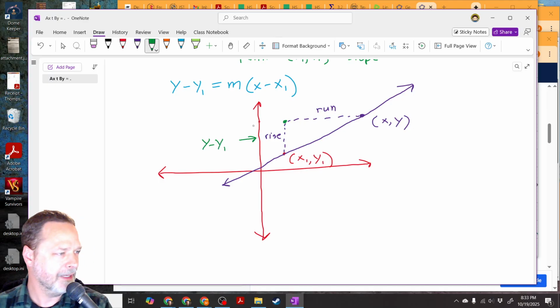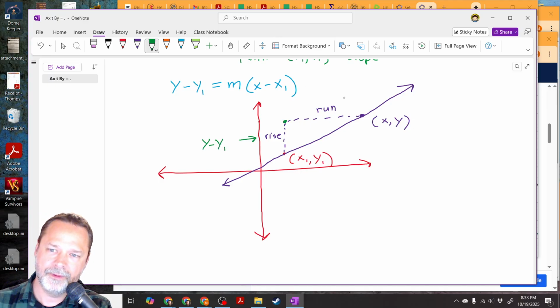Actually, I think I can show it the exact same way I showed the slope intercept form of a line. The run here is actually going to be x minus x1.